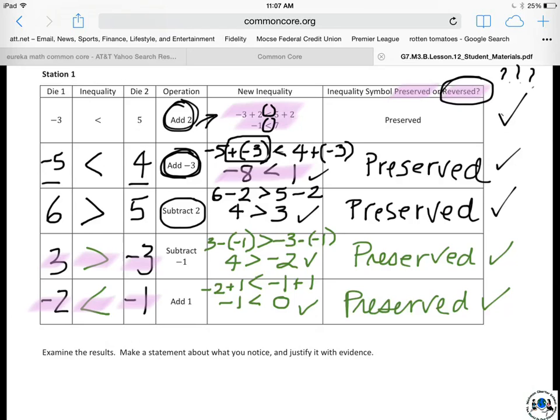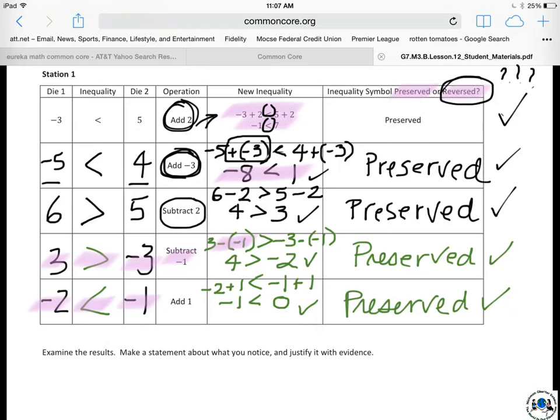All right, then this asked me to subtract a negative 1, and hopefully you did that correctly. Remember, when you subtract a negative, it's the same as adding, okay? So I subtracted a negative 1 from this side.